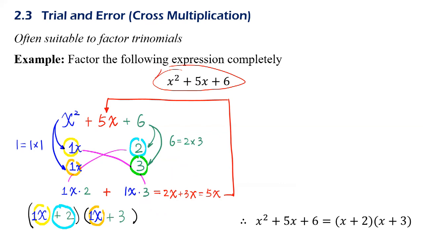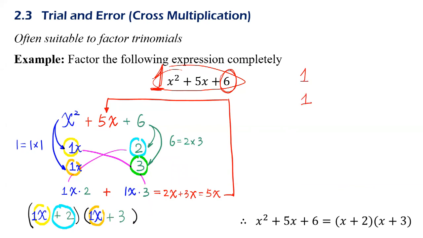Okay, so usually we'll consider two numbers. The first one is the coefficient in front of the highest order term, and then the constant coefficient here. As you can see here, the coefficient in front of x squared is 1, right? So 1 can be factored into 1 by 1.